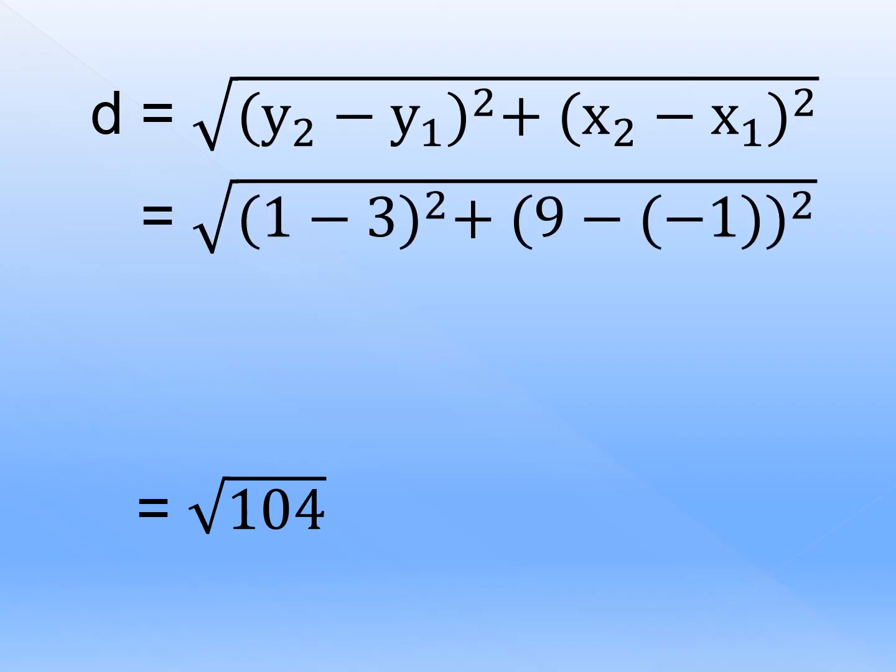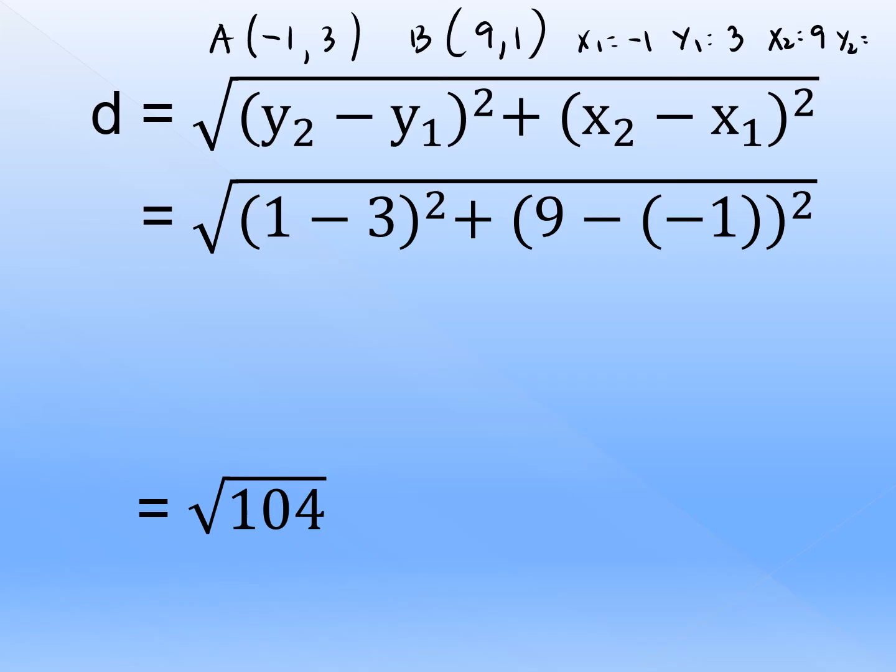Now we're going to substitute the values of x sub 1, x sub 2, y sub 1, and y sub 2. According to our given, A is located at (-1, 3) and B at (9, 1). So we can check that x sub 1 is equal to negative 1, y sub 1 is equal to 3, x sub 2 is equal to 9, and y sub 2 is equal to 1.